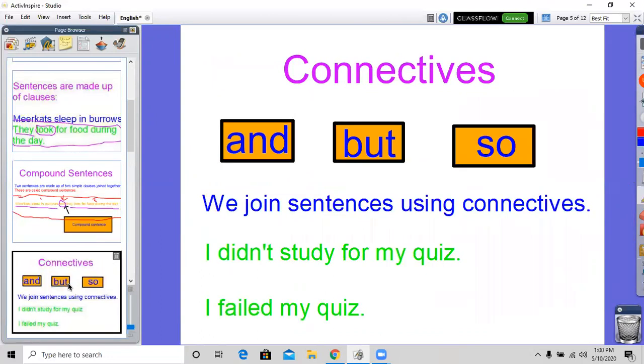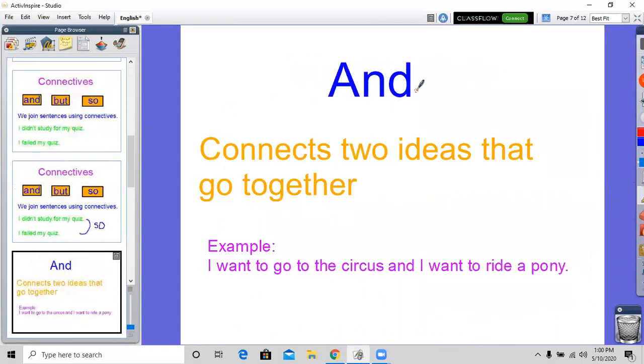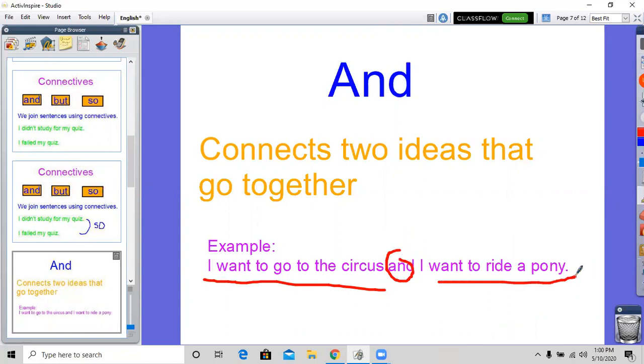Okay, so we have three connectives. We have and, but, and so. When do we use and? We use and to connect two ideas together. For example, I want to go to the circus and I want to ride a pony. If we want to join two ideas that go together, we can use the connective and.